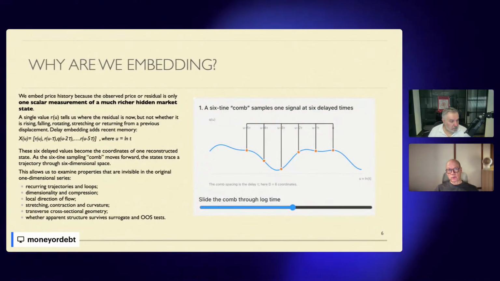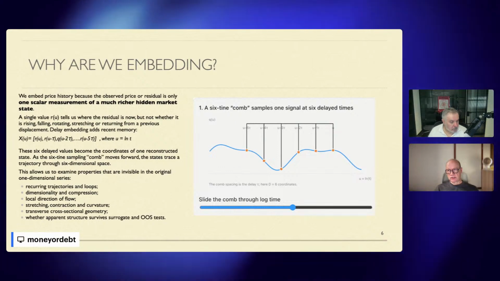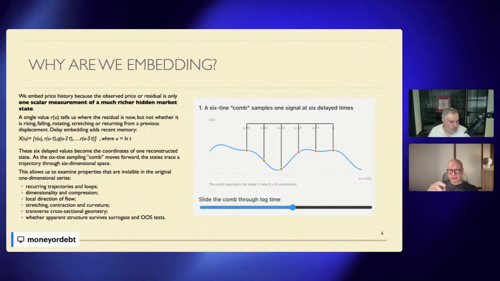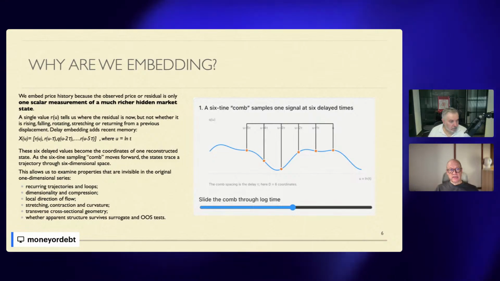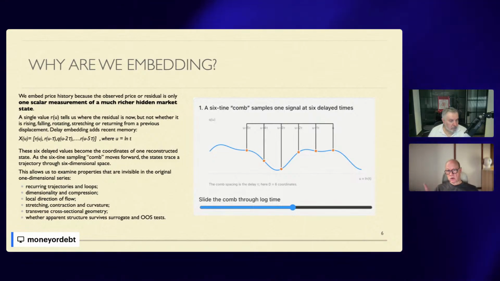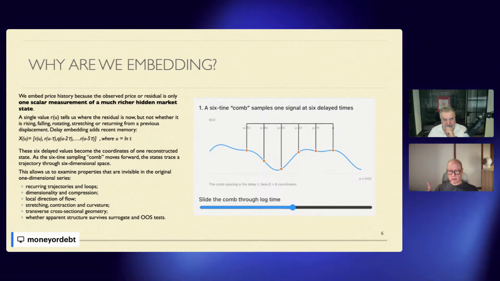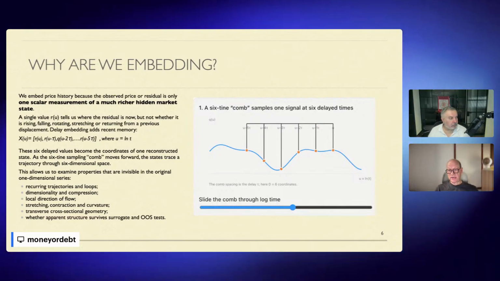And what we do is we use embedding to explore the space. So what does embedding do? This little illustration shows a comb, and it's got 6 little tines, and they're equally spaced. And the first thing we do is we put everything in log time, because we're dealing with something that behaves like a power law, and that has scale invariance. And it has continuous scale invariance.